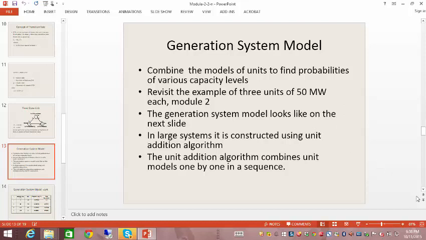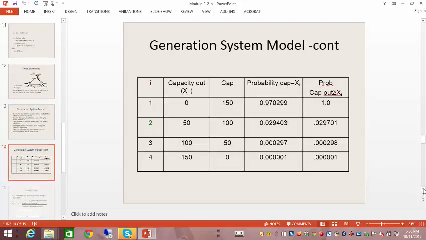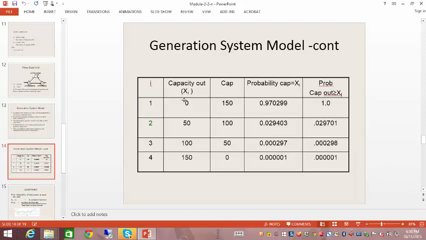Now, the generation system model, when developed, will look something like this. These are the various capacity outage levels, and these are the capacities in. It is kind of customary to develop these models in terms of the capacity outage, then capacity in, but you can do it either way.